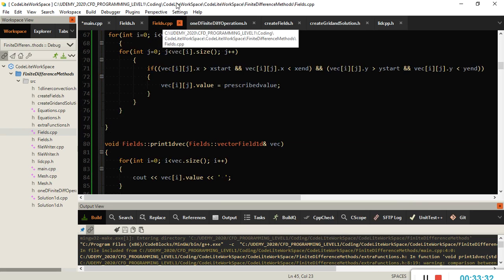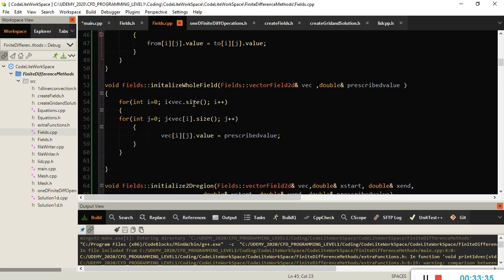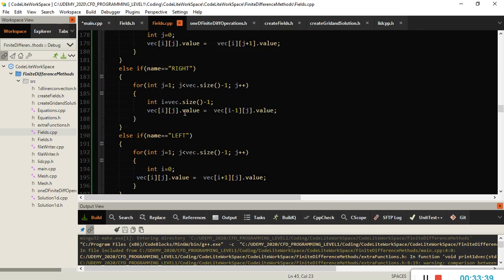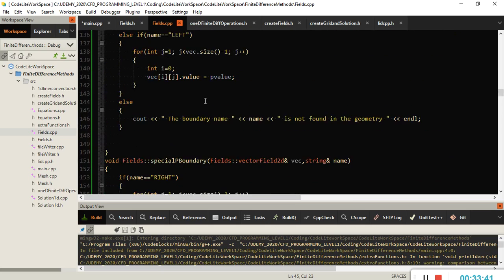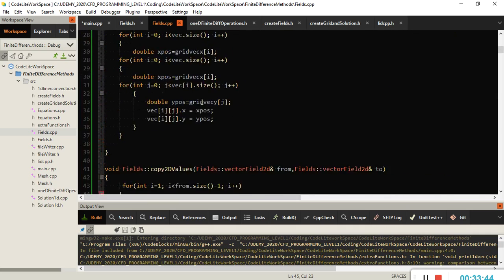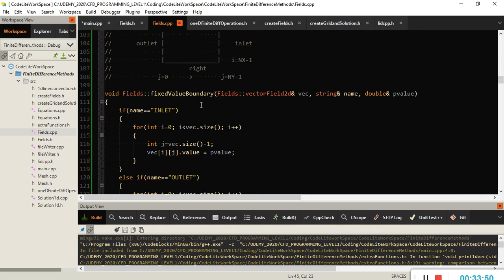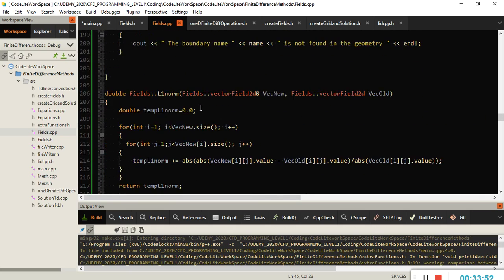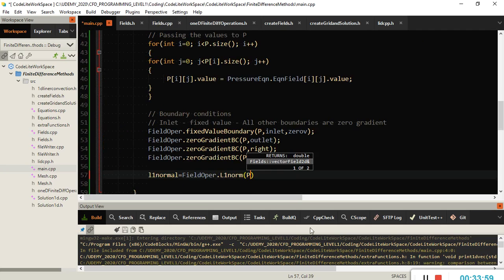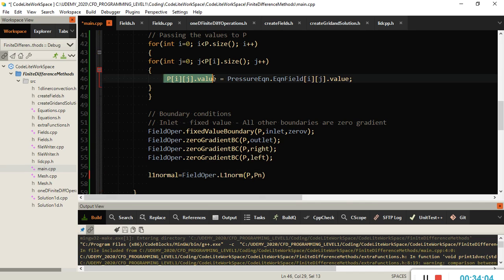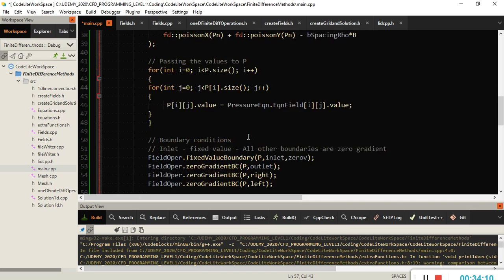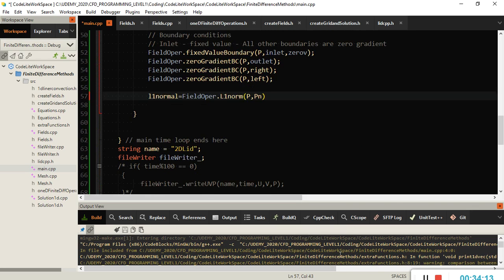Let's actually check, I forget now exactly what order it has to be passed. Right, so we are L1 norm. New has to be passed first and old later. So p and pn, because here the new is what we calculated most recently and old is what we started the loop with. So p and pn there.